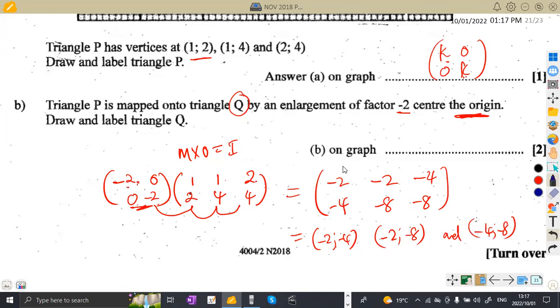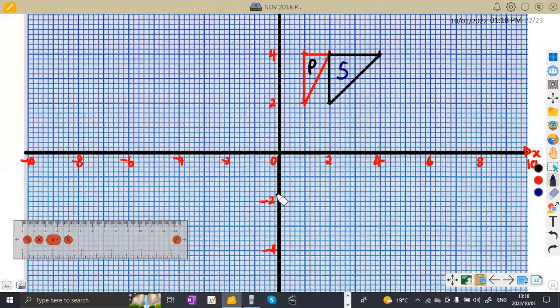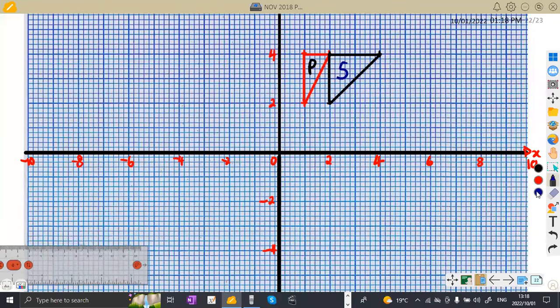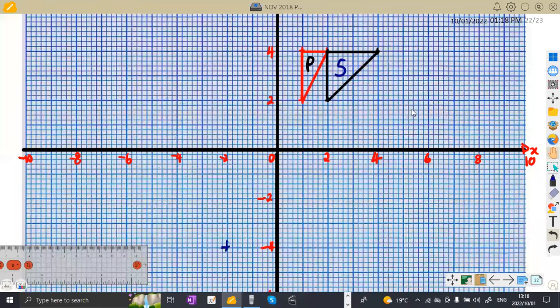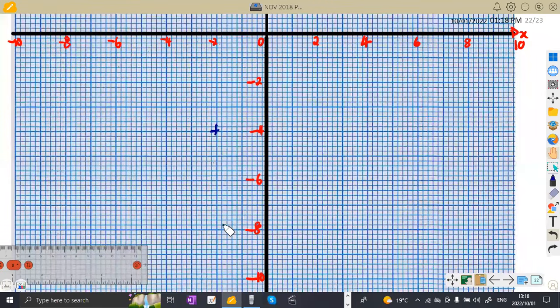Remember, guys, you are just taking the coordinates now as this. So with these coordinates, let us mark and draw our triangle. So we said -2, -4. So this is -2, -4 at this point. You mark your point. The other one was -2, -8. You mark your point again.